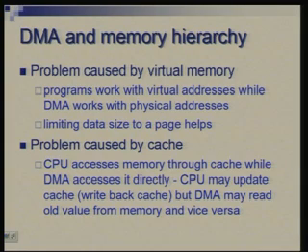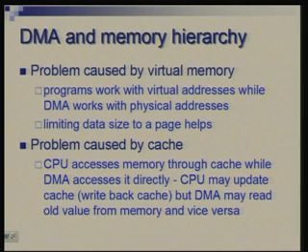Now, when we are talking of DMA, essentially there is a direct communication between memory and one or more I/O devices. Now, how do you view this in light of the fact that memory is not something flat, there is a memory hierarchy. You could have cache, one or more levels, and you also have virtual memory.